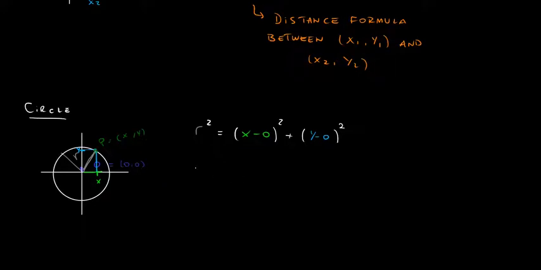So we got that r squared equals x minus 0 squared, which is x squared, plus y minus 0 squared, which is y squared. And this is the equation of a circle with center in the 0, 0.